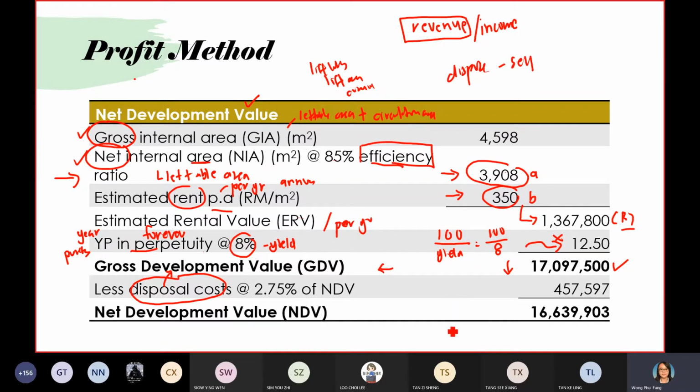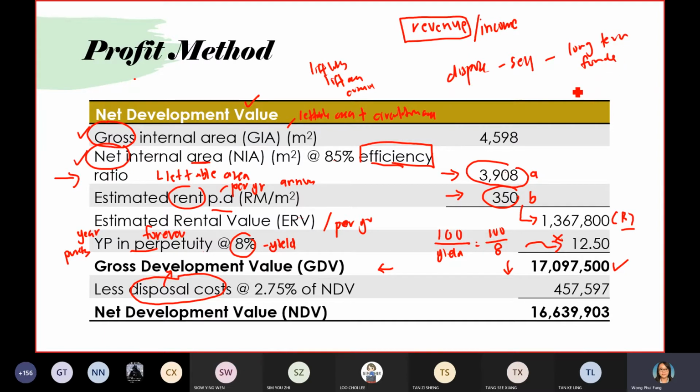Sometimes for commercial property, actually the developer does not want to keep the property forever. After they complete it, they want to sell, they want to dispose to a third party. Normally we will dispose to a long-term funder.